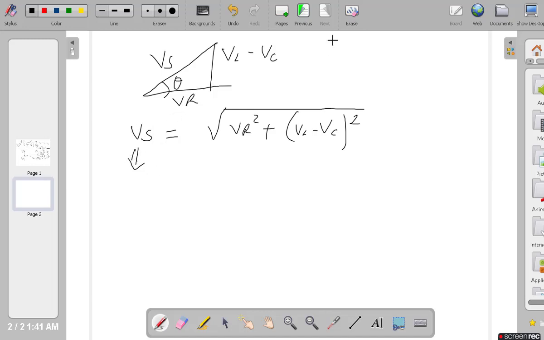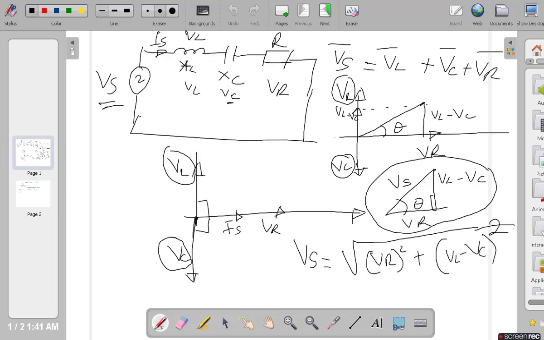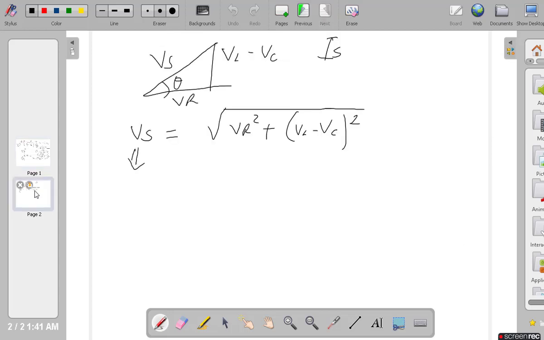What I mean by expanded form is that if I know the current, which is IS, in this circuit, the current times the total resistance of this circuit also gives us the supply voltage. Remember, by Ohm's law, the voltage Vs divided by the total resistance of the circuit gives us the supply current.